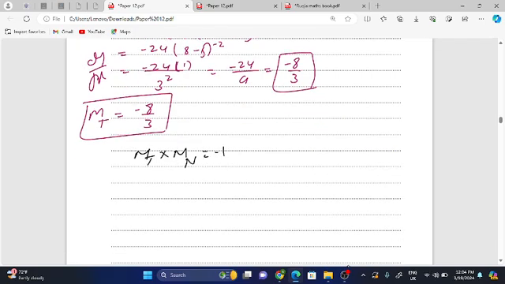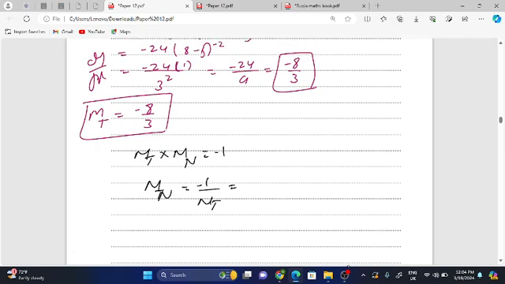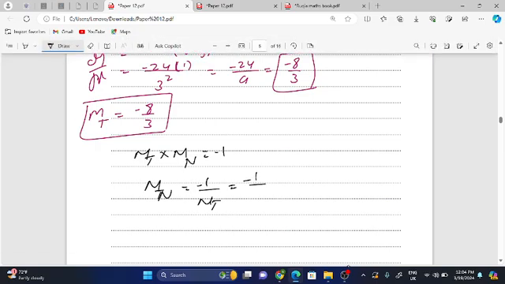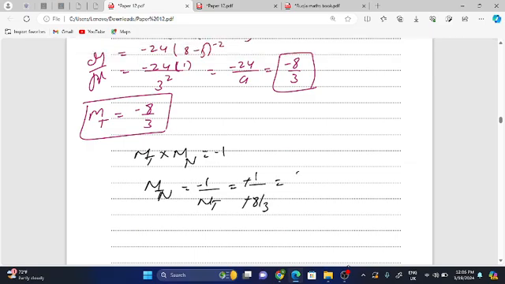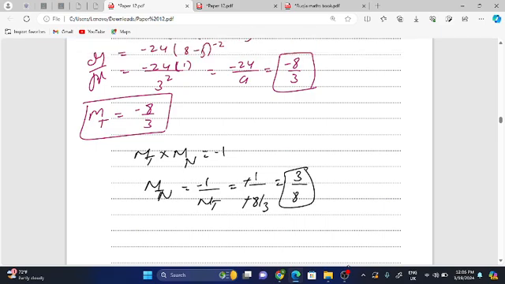So the slope of the normal equals minus 1 over the slope of the tangent. The slope of the tangent is minus 8 by 3, so the minuses cancel and the slope of the normal becomes 3 by 8.